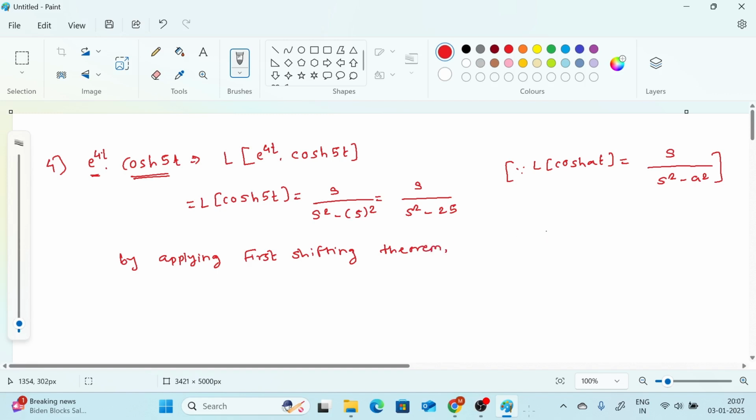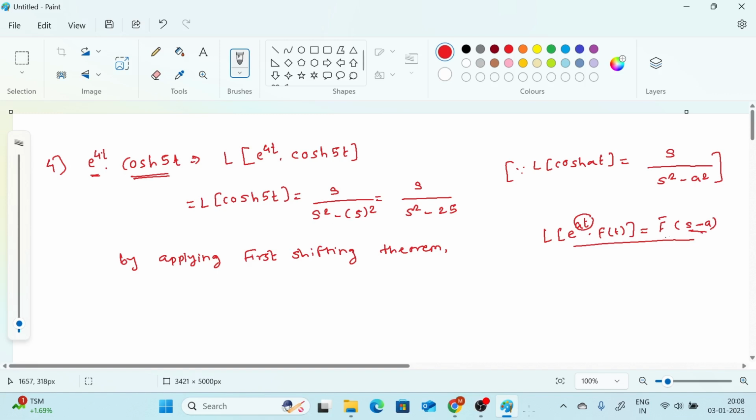What is the first shifting theorem? Laplace of e raised to at into f of t is equal to f bar of s minus a. Now, in this formula, we have only e raised to at, so here no need to change any sign because it's a positive sign, so it will be f bar of s minus a. Now, what we have to do? We have to put s equal to s minus a, right?